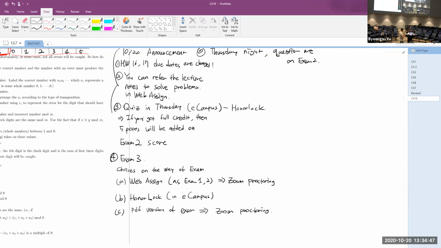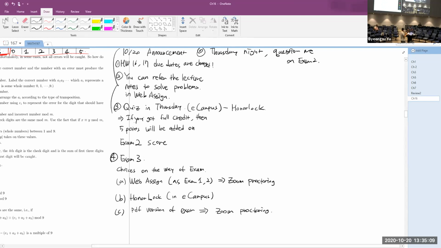And in this exam 2, the average is lower than 70, and the median of this exam is 70. But my focus is to keep your average at 75.